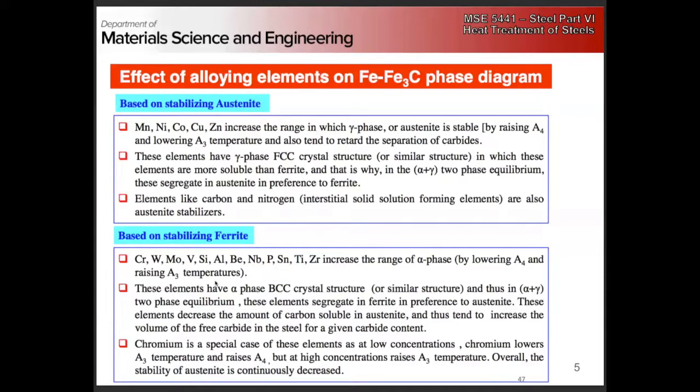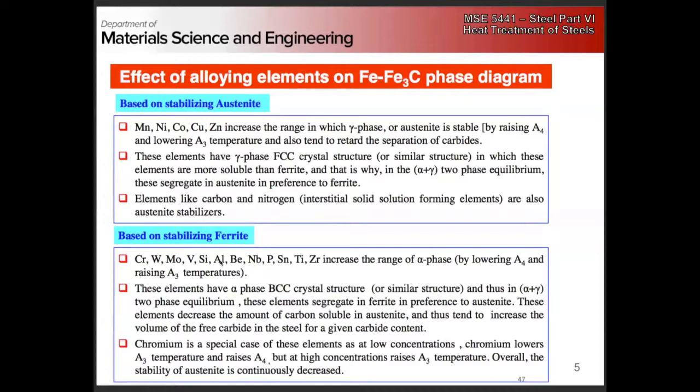We got a whole mess of ferrite stabilizers. Right? There's a couple oddballs. We say these tend to have BCC structures. Well, okay, aluminum is not BCC, right?